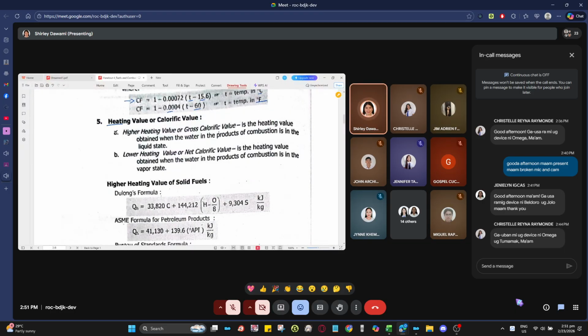Next, we have heating value or the calorific value. Unsa gani ning heating value? Di ba mao ni siya the most important characteristic or property sa fuel, di ba?